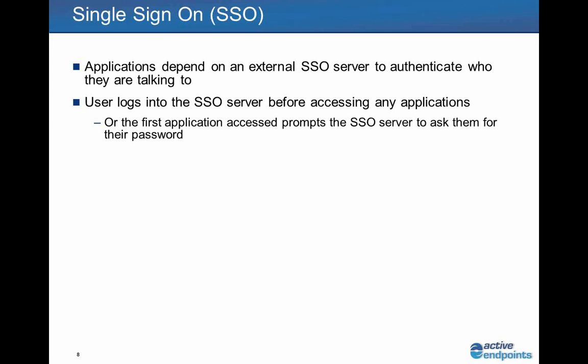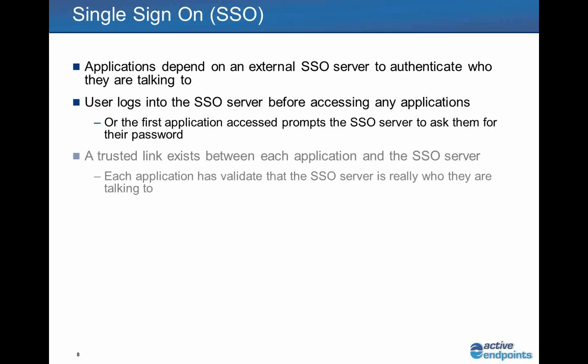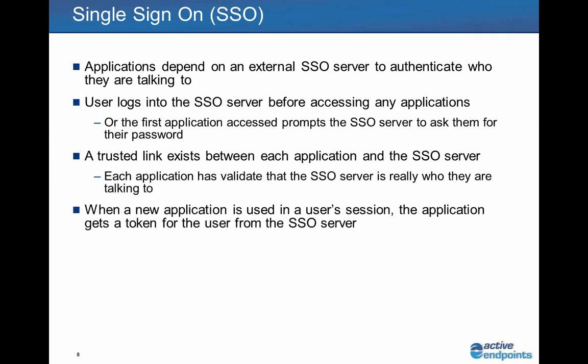So you're only ever logging in to the single sign-on server. A trusted link exists between each application and the single sign-on server, so they can give information back and forth. And of course, the applications have to make sure that who they're talking to is really the single sign-on server. So there's a bit of validating of certificates that goes on back and forth to make sure that you're really talking to the single sign-on server.